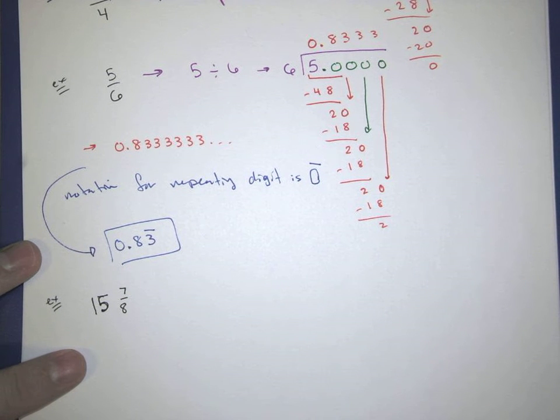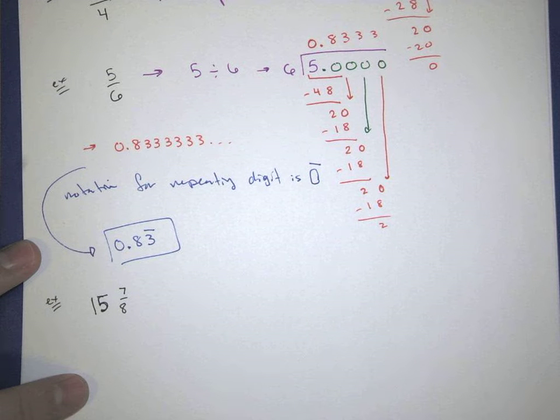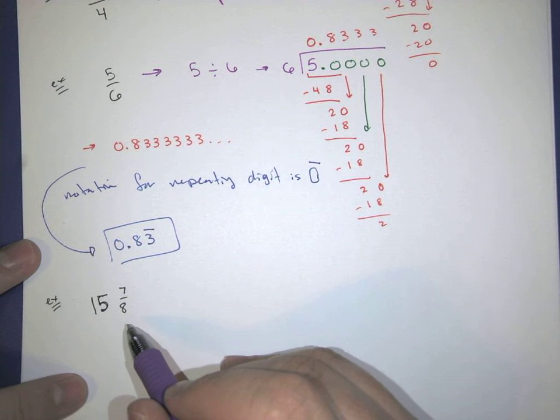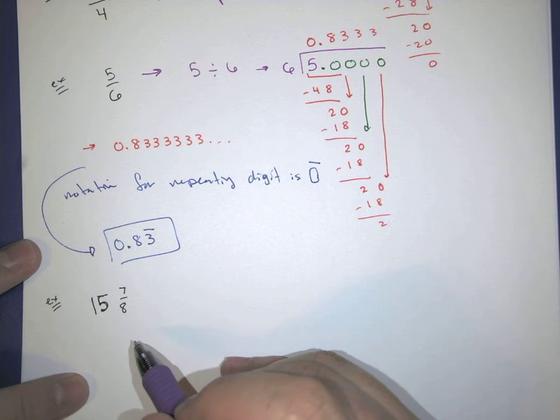Some of these you probably are going to know off the top of your head, and if you're over 10, or over 100, those are obviously certain decimal values, right? 3 over 100 is just 0.03. So maybe not so necessary to show those examples. What will happen here? One option, of course, is you could rewrite this as an improper fraction. 8 times 15 plus 7, get however much, and then divide that way.